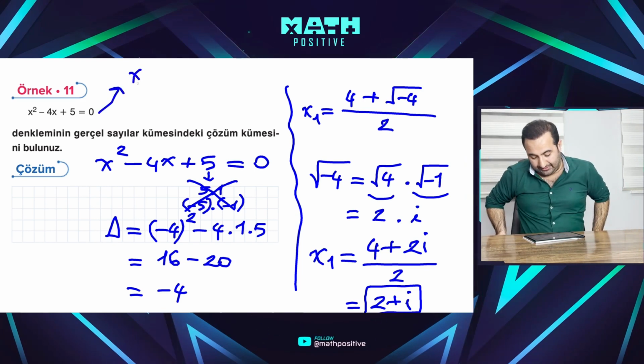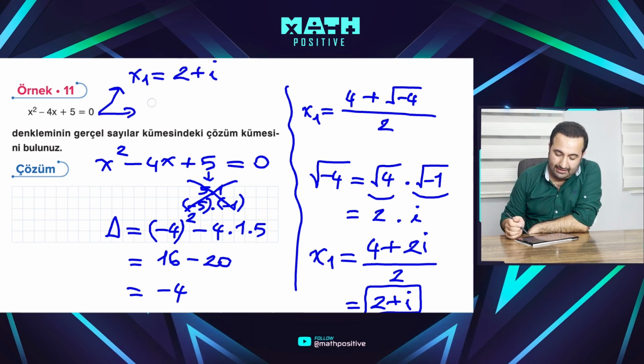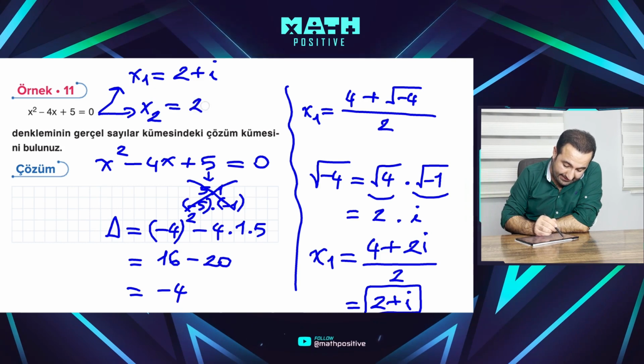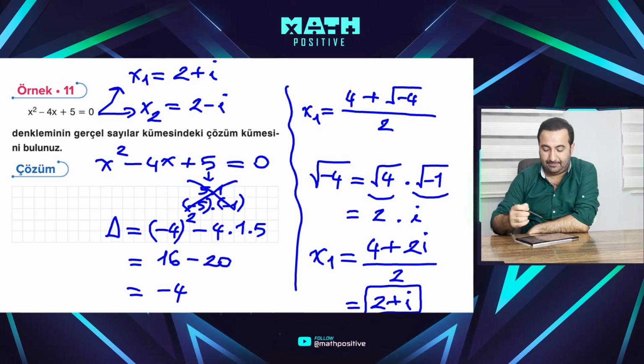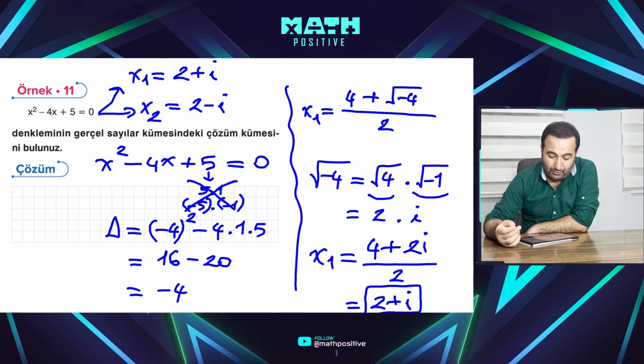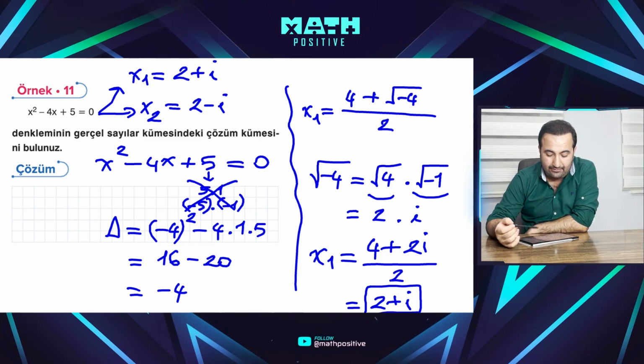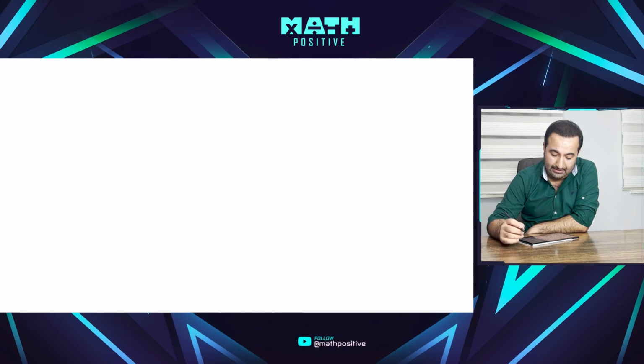The other root of this equation will be 2 minus i. x1 was 2 plus i, x2 will be 2 minus i because of the plus or minus square root of discriminant. We have such roots, which are complex roots. The equation has no roots in real numbers, but has two distinct complex roots.